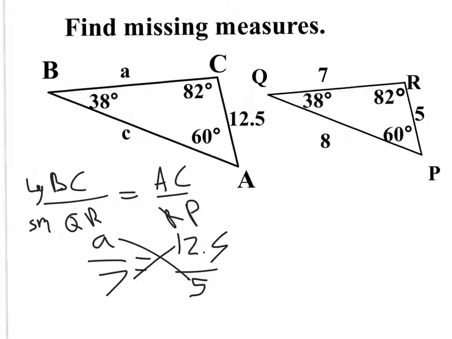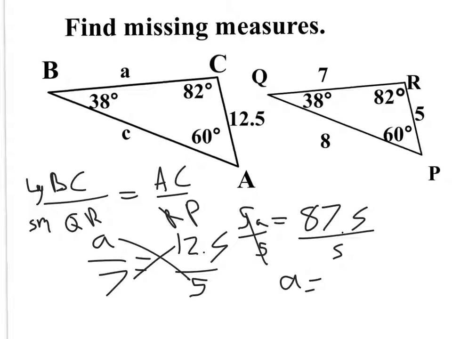So cross multiply. 5A is equal to 7 times 12.5, which is 87.5. So now what? Divide by 5. Good. A is equal to 17.5. So I know that one.